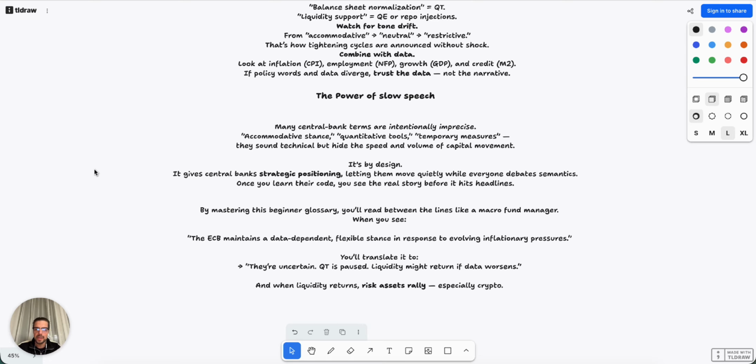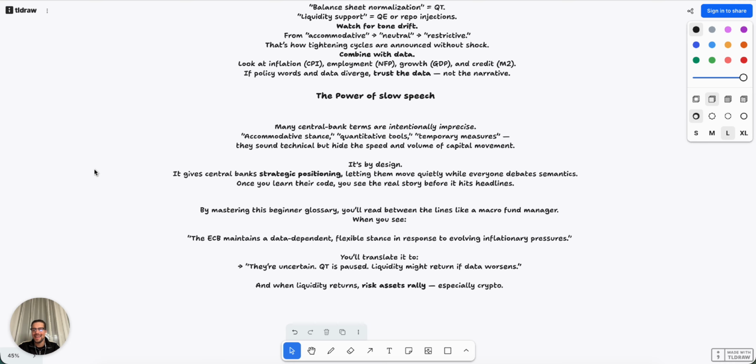So when you see a sentence like "the ECB, European Central Bank, maintains a data-dependent, flexible stance in response to evolving inflationary pressures," and so on, this basically translates to: they are uncertain, the quantitative tightening is paused, and liquidity might return if data worsens.